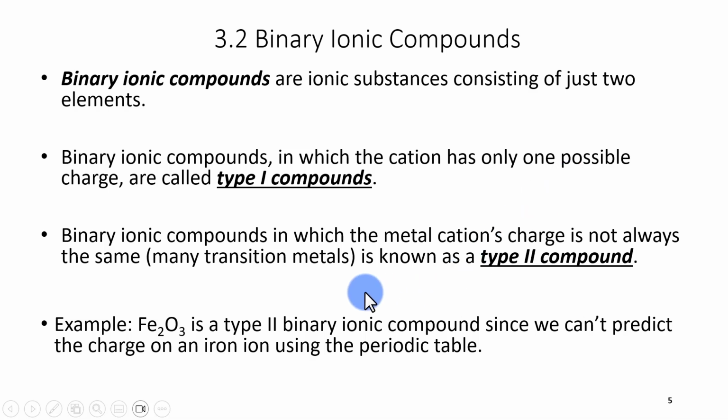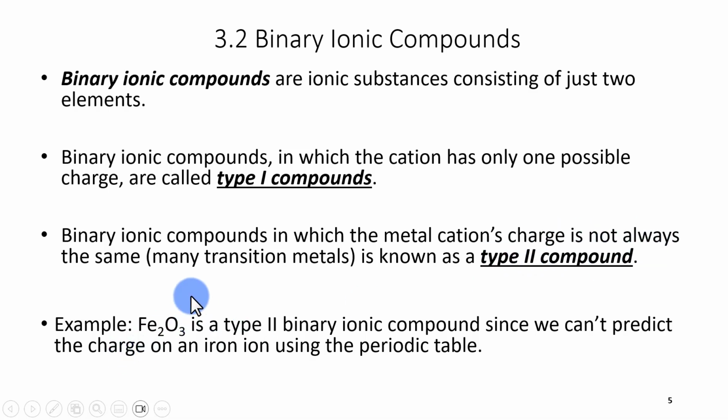Those binary ionic compounds that fall under type 2 are formed typically from transition metals. Those are metals in the middle of the periodic table, in which the cation can form multiple charges, so it's not always the same.